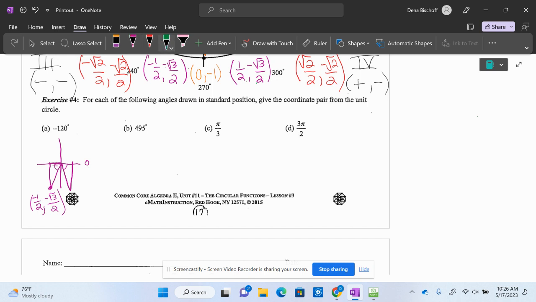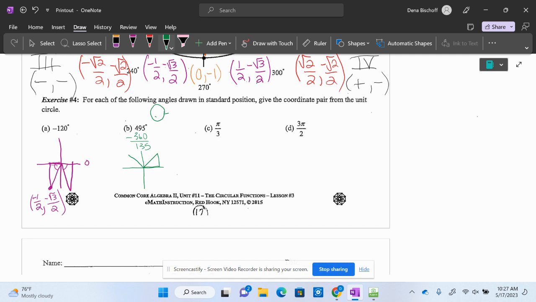And I draw a picture just like that. So now let's think about 495. So this one was a little tricky. I know that I'm going to make one whole revolution. So starting at 0, I'm going to make one complete circle. That's 360 degrees. So what do I have left? Well, I have 135 degrees left. And I know that that is a 45. So I have a 45. These are the same.